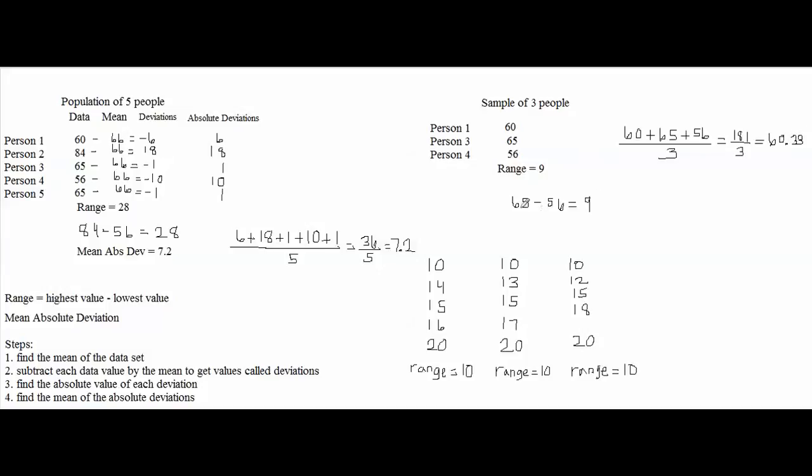We finished step 1 and found the mean of the data set. Step 2 is subtracting each data value by the mean. In order to make this easier so that we don't have to deal with decimals, let's round this mean from 60.33 down to 60. Let's round it to the nearest whole number.